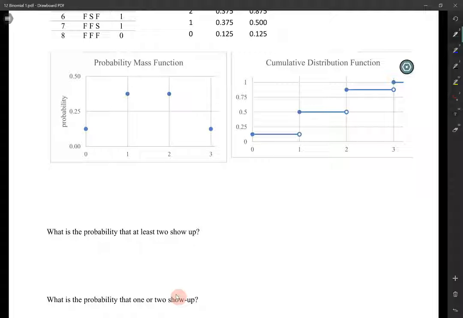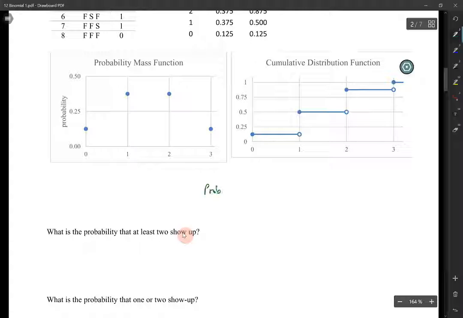That's actually a start. What do we want? We want the probability that at least 2 show up. But that's actually really good, because if you don't know where to start, you have to start somewhere. And so we would want the probability that 1 shows up. So what's the probability that 1 shows up?